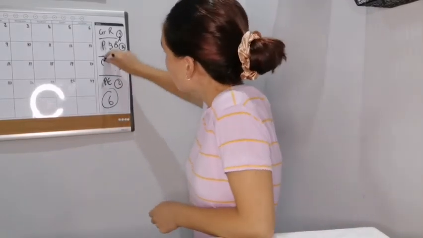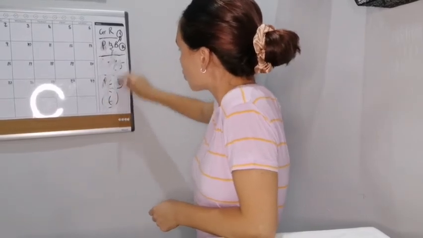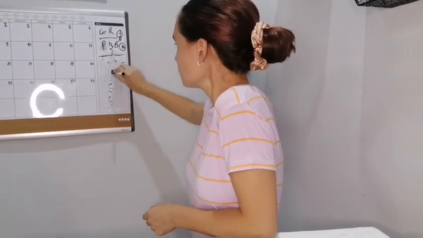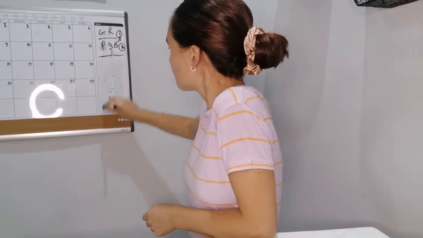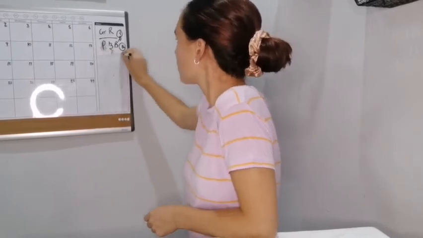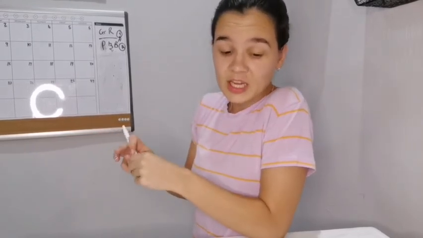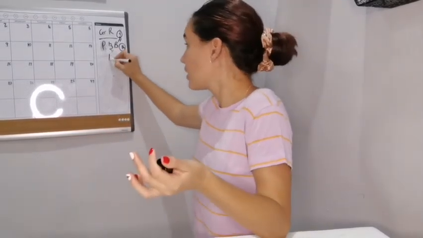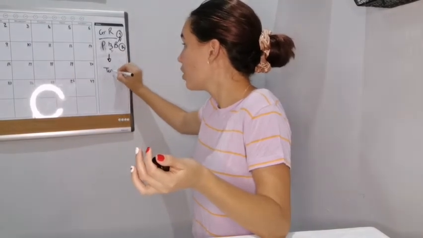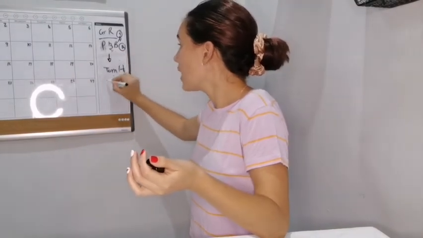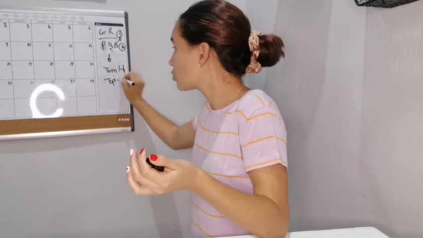Then if we wipe this all off, underneath beginning knowledge and personal and social well-being, there will be term 1 to 4, and that is where you'll find all your topics.